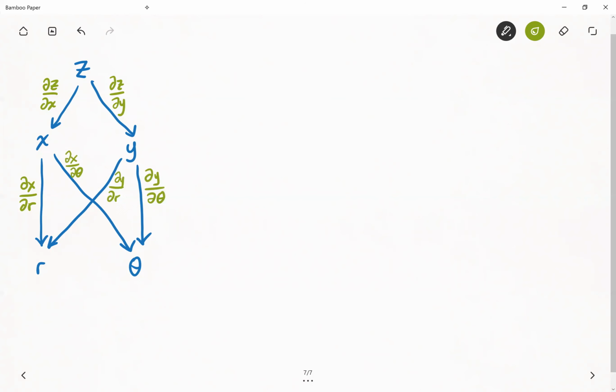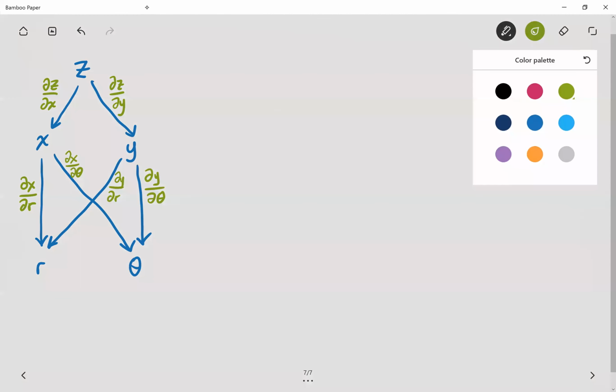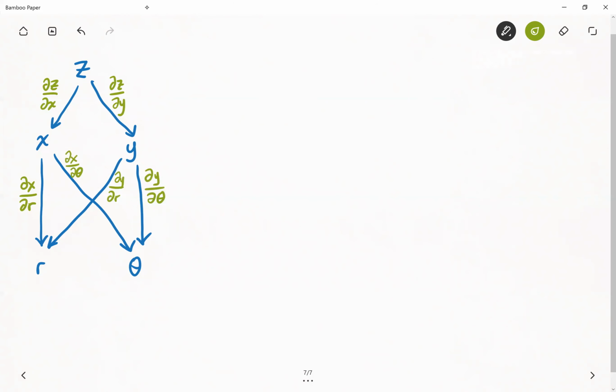Now, before I write out an example formula, I haven't written the chain rule yet. So if we want to calculate something like dz dr, we're going to follow the similar procedure that we followed last time. We're going to take a look at the ways in which z depends on r.